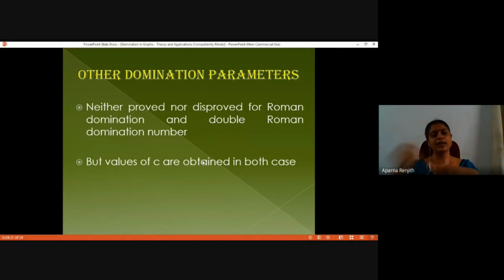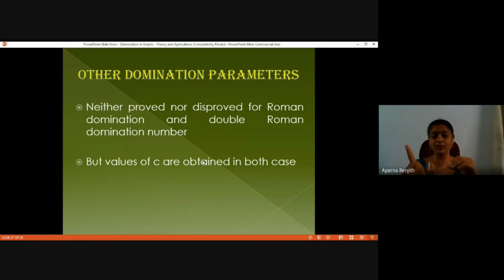Say for double Roman domination number, that is in fact the work of one of my students, Anu, from St. Peter's College. She proved that in the case of double Roman domination number, gamma dR of G box H is greater than or equal to 1 by 6 times gamma dR of G into gamma dR of H. The value of the constant C in that case is 1 by 6.